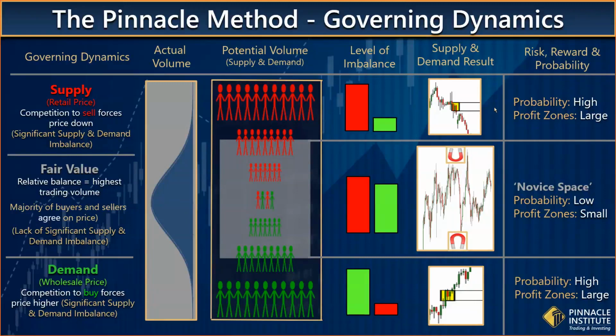Now remember, we have supply and demand everywhere in the market. Every price point, every trade that happens, it's all because of supply and demand. I think we all know that, right? Meaning every time a trade happens, it's because a buyer and a seller agreed on a price, agreed to buy and sell at a price. Every time you have a tiny move up in a market, it's because demand exceeded supply at that price point.